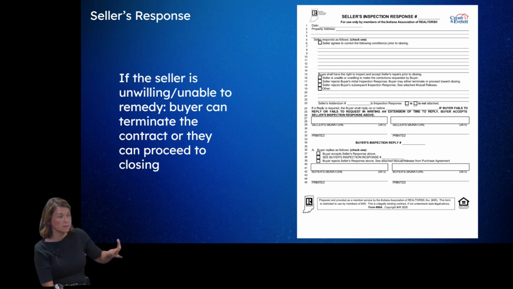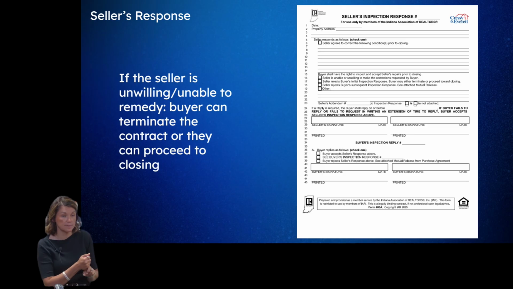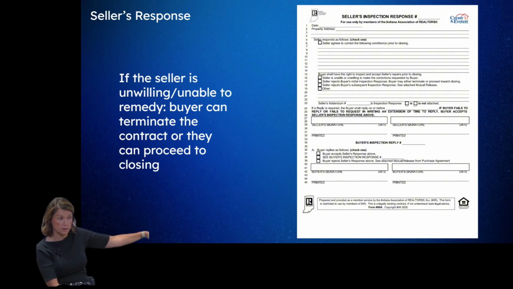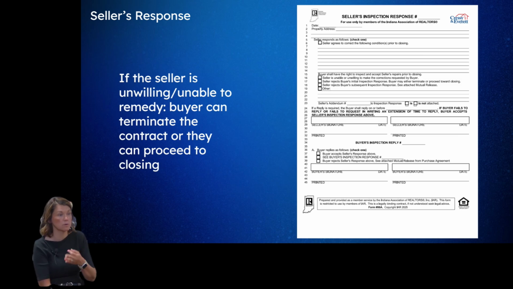Writing a contract and getting a contract accepted is the easiest negotiation you have in the contract. This is the hardest part. So this is where your skills are really going to come into play as an agent, working through inspections, educating your buyers on what defects are, getting them contractors that maybe are more reasonable or can walk them through what can be done now versus later.